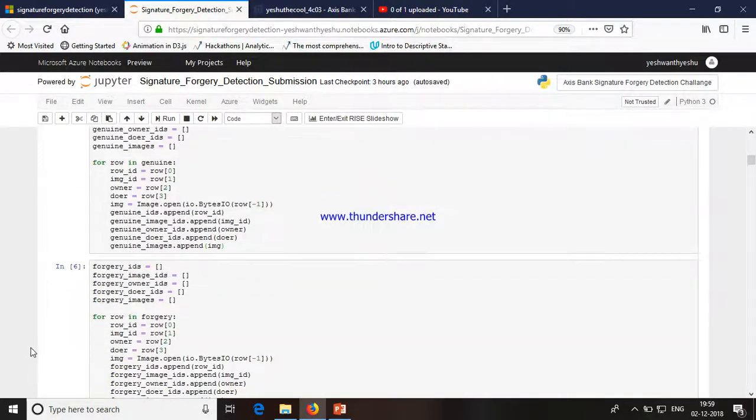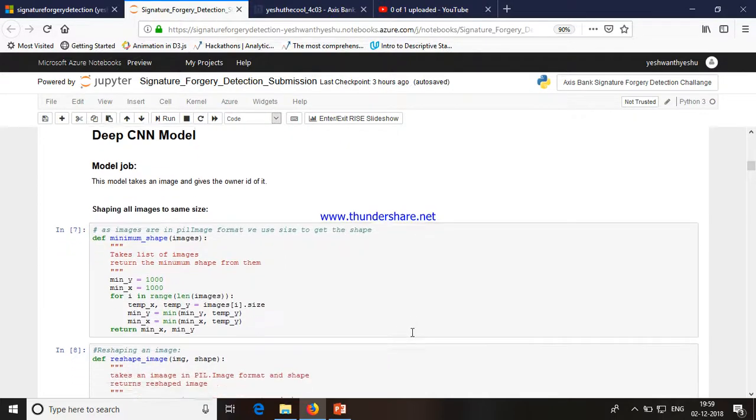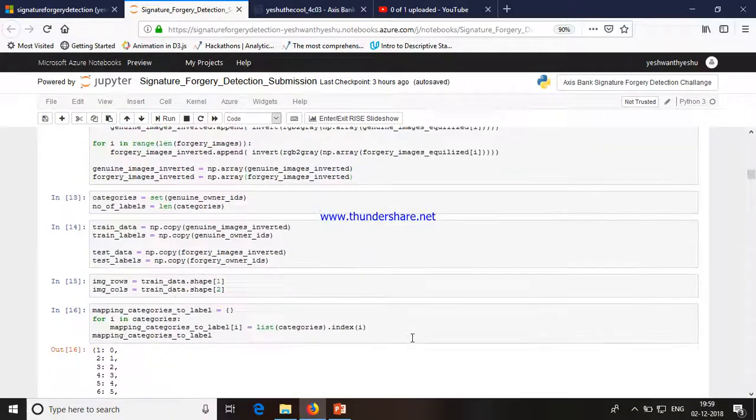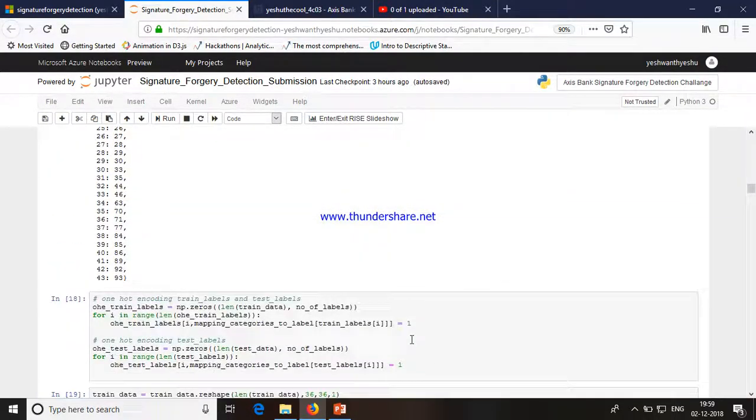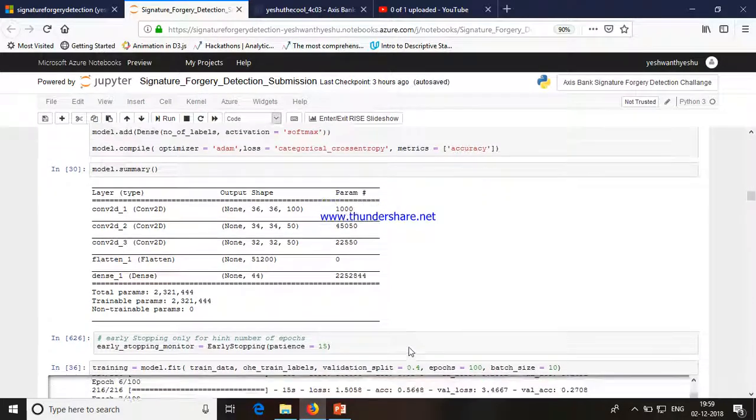At the very first step, we make a deep CNN model which recognizes the user to whom the signature belongs, and this model also gives us the probability of how much the new image belongs to that user.